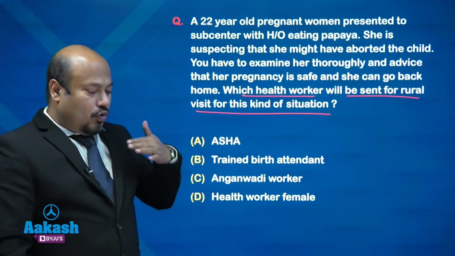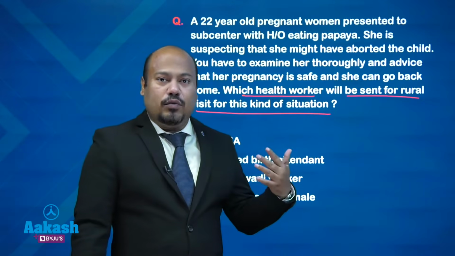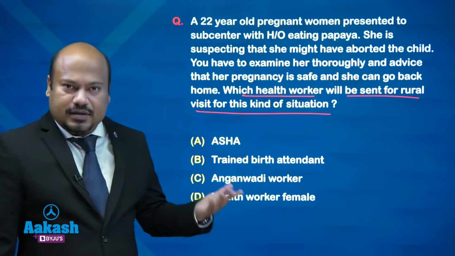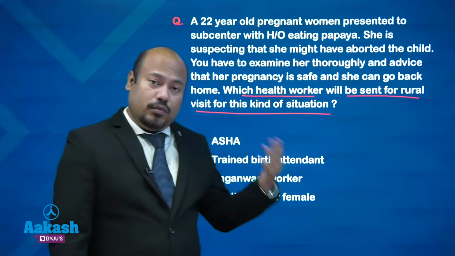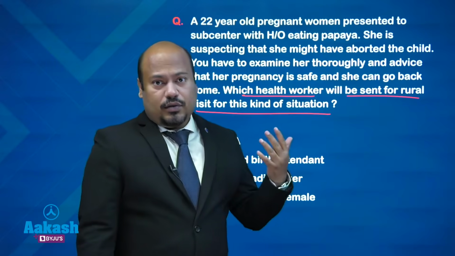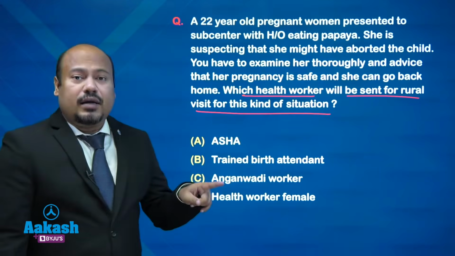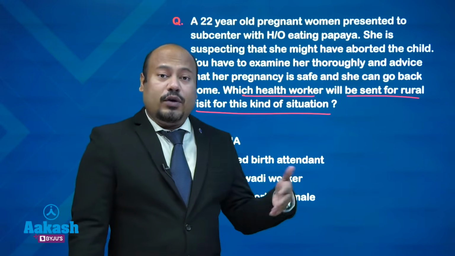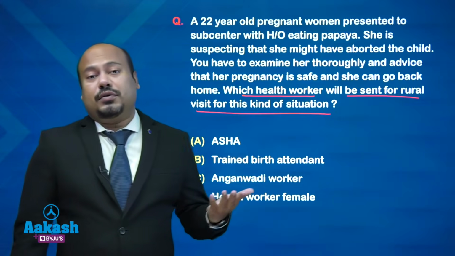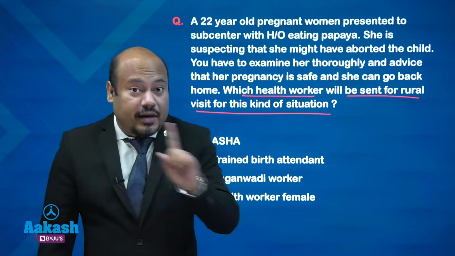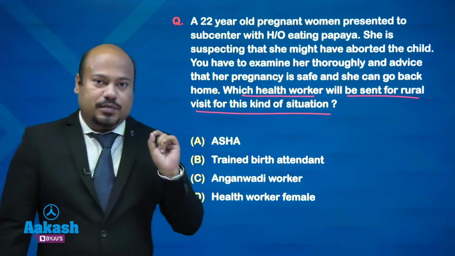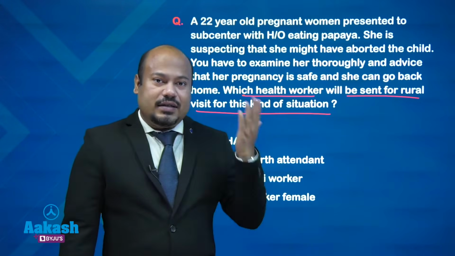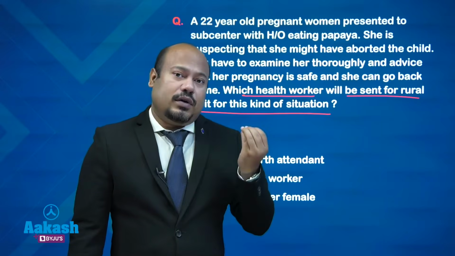Now, we know home visits can be done by whom? ASHA; the first thing that comes to mind is ASHA. But home visits under the ICDS are also done by the Anganwadi worker. Between the ASHA and the Anganwadi worker, you have to choose who will give this nutritional education. ASHA does not give nutritional education. Nutritional education about which food substances to avoid during pregnancy is usually given by the Anganwadi worker.